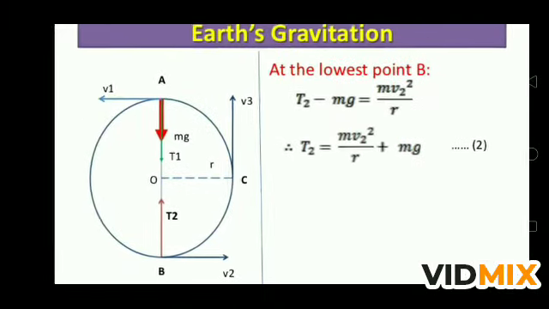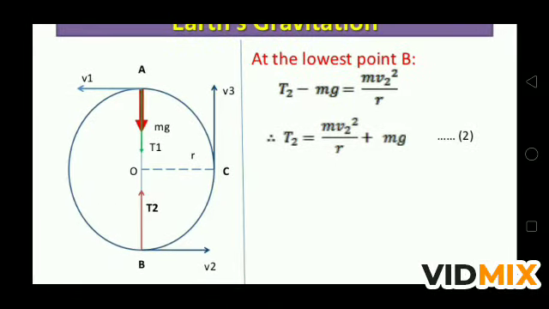At the lowest point, T2 minus mg, because mg is downward and T2 is upward, and T2 is more than mg. So T2 minus mg is equal to mv2 square by r, or T2 is equal to mv2 square by r plus mg. So the tension at the lowest point is mv2 square by r plus mg, and the tension at the highest point we had found. So at both the highest point and the lowest point, you can find the tension by these relations.